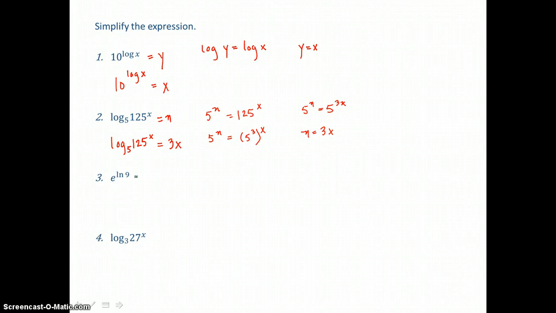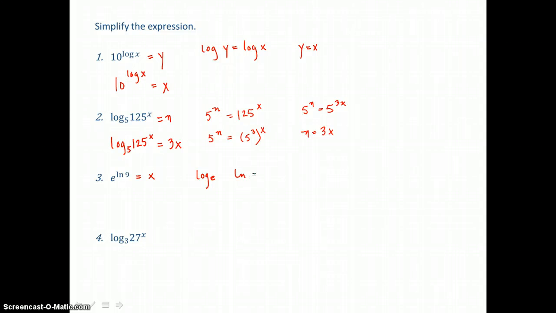Okay, let's try problem 3. Let's say this is equal to x. And so this expression can be simplified to what? This exponential equation has the same form, or is equal to the same logarithmic form as log base e, which is just ln.